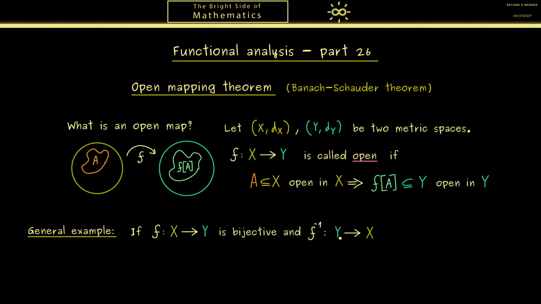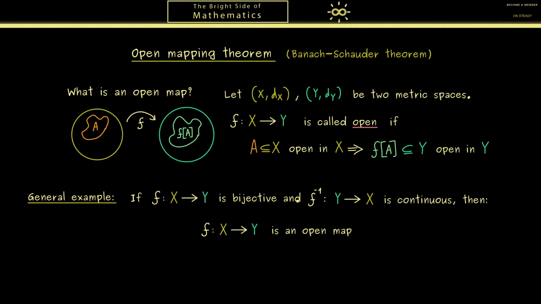Of course, this one goes from Y to X, and we also choose it to be a continuous map. Having these two assumptions, the map f from X to Y is indeed an open map. This is easy to see when you look at the definition of the continuity of the inverse map. It simply means when you have an open set on the right hand side, the pre-image on the left hand side is also an open set.